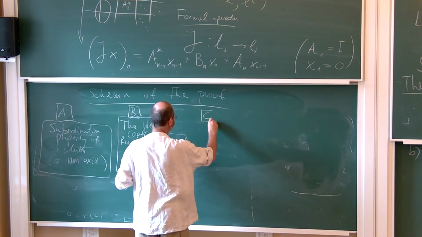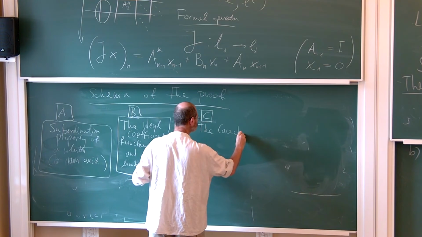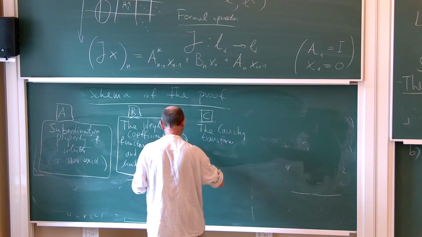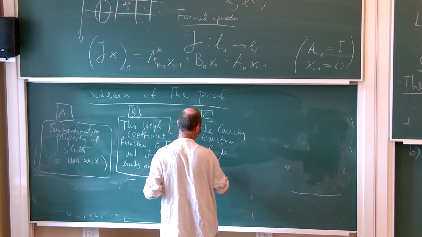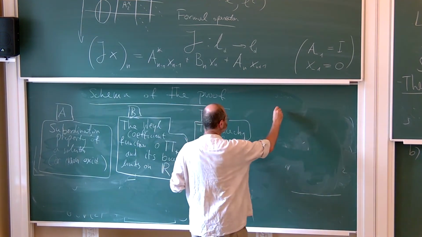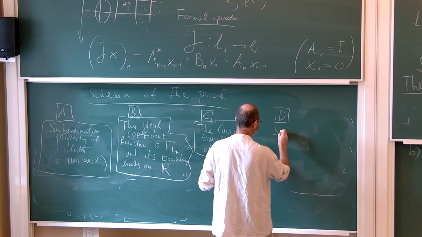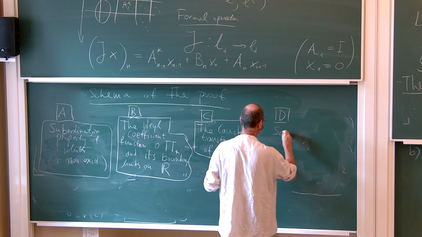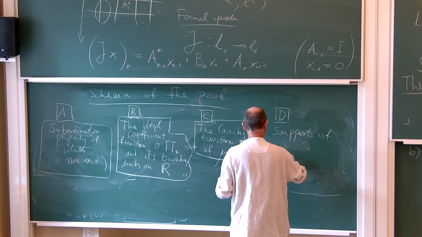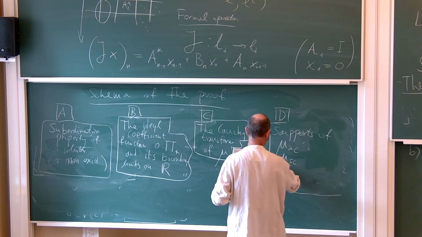The next one is the Cauchy transform of the spectral measure mu. And the last object, D, is, you can say, the support of supports of mu absolutely continuous and mu singular continuous.